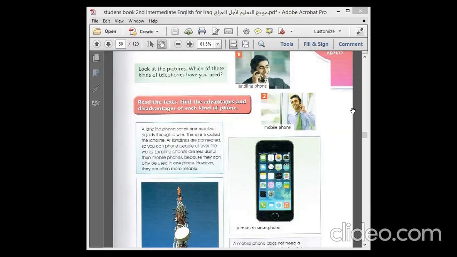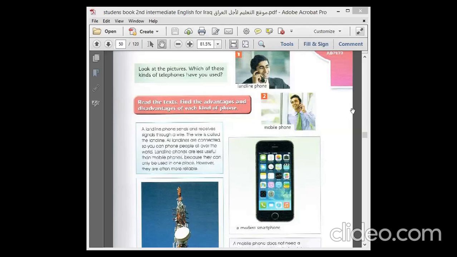There are mobile phone masts in most places, so mobile phones can be used almost anywhere. Many mobile phones can also be used to take photographs, play music, and access the internet. These are called smartphones. I will read it again.